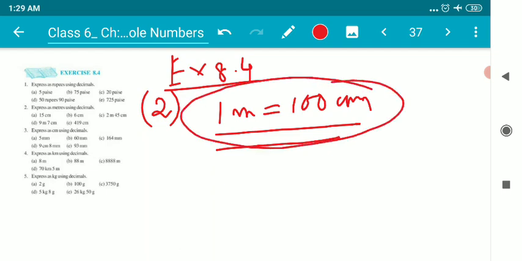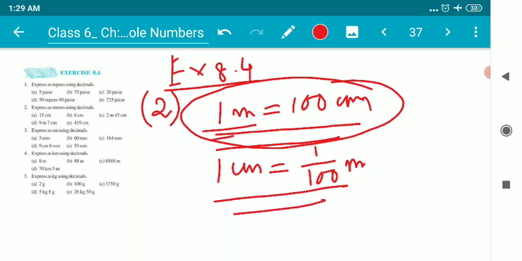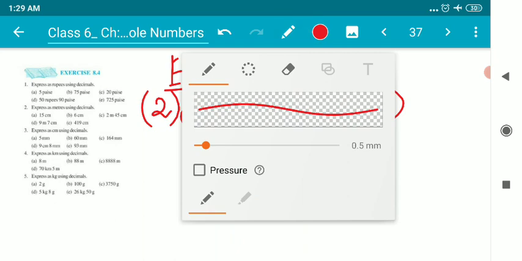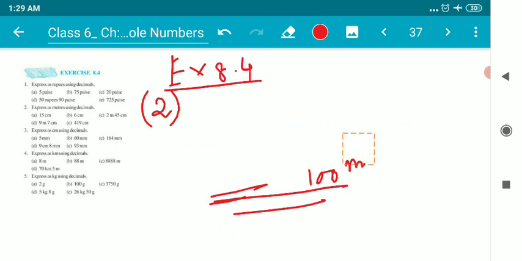That is to be kept in mind. And 1 centimeter is equal to 1 by 100 meter. That is to be kept in mind before we start such questions.